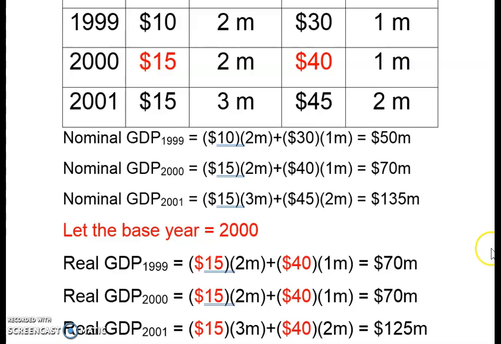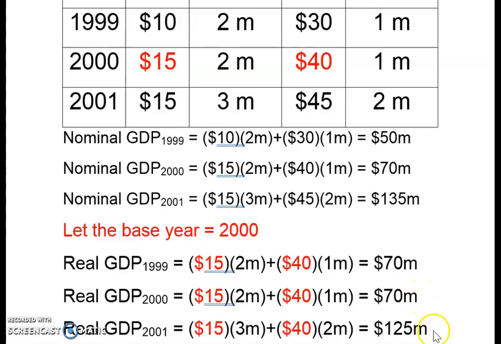Now let's see if real GDP makes more sense. Okay, 70 million for year 99 and year 2000. Well, we see that pizza production is the same amount and jacket production is the same amount. So real GDP is the same amount. That makes sense, right? Now, from 2000 to 2001, the amount of pizza increased and the amount of jackets also increased, so we also see an increase.